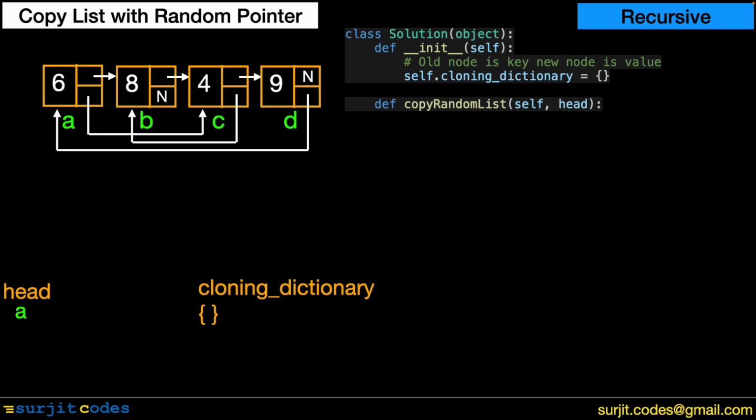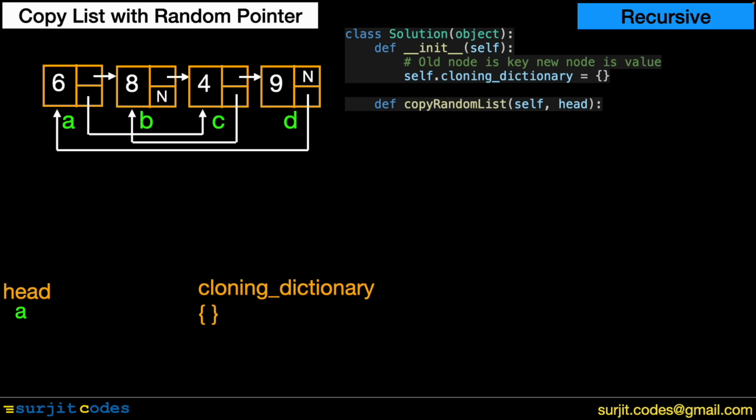Head is the pointer to the beginning of the given linked list, so this function will return the head node of the cloned linked list. We define a cloning dictionary to keep a mapping of memory relations between old and new memory nodes. Memory of the old node is the key and memory of the new node is the value in the dictionary relations.